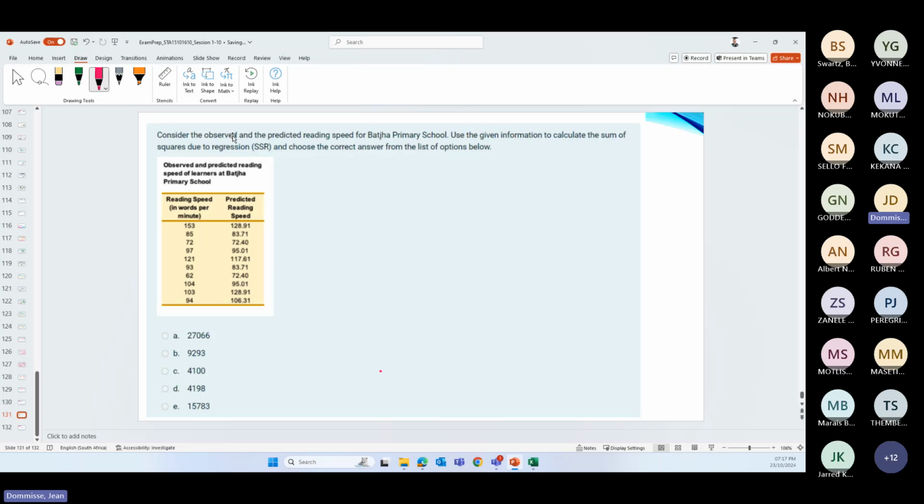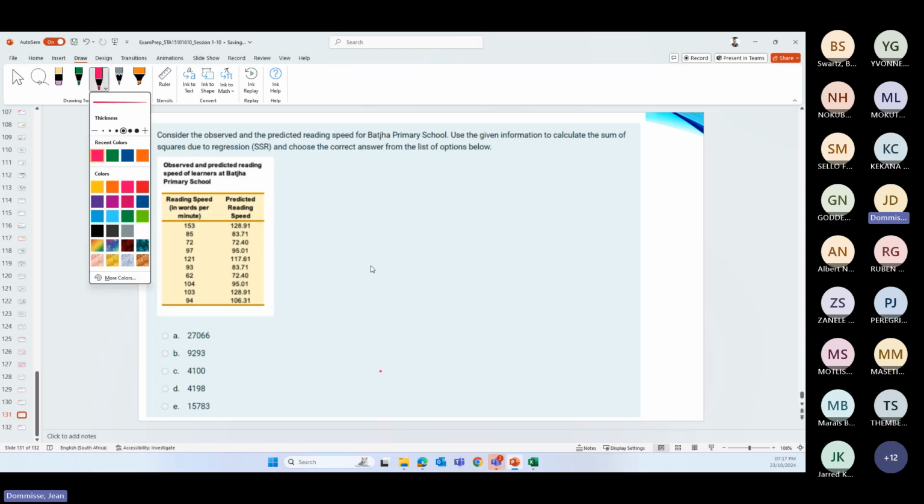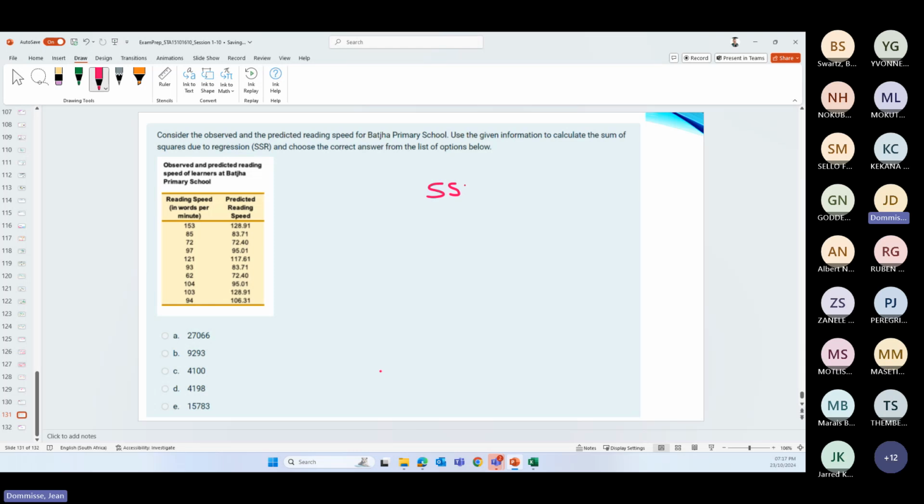So consider the observed and predicted readings, the speed of this primary school, use the given information to calculate the sum squares due to regression. Okay, so the first thing that we need to know is what is the sum square of regression.